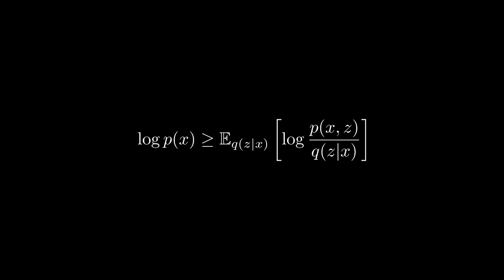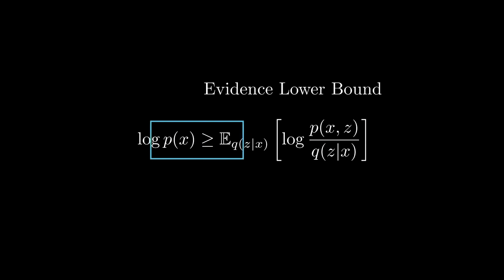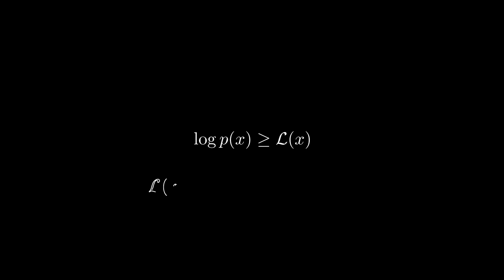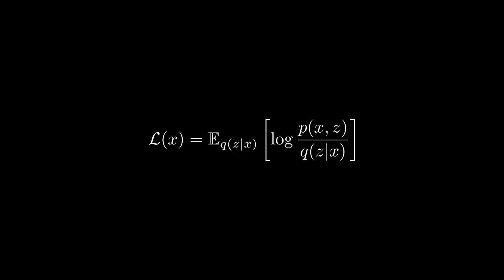The right-hand side of this inequality is known as the evidence lower bound, or ELBO. It is indeed a lower bound to the quantity on the left, which is called the evidence. So, if we want to maximize the evidence, we can focus on maximizing the ELBO, something that's much simpler to do. We can replace the joint probability in this expression using Bayes' formula.